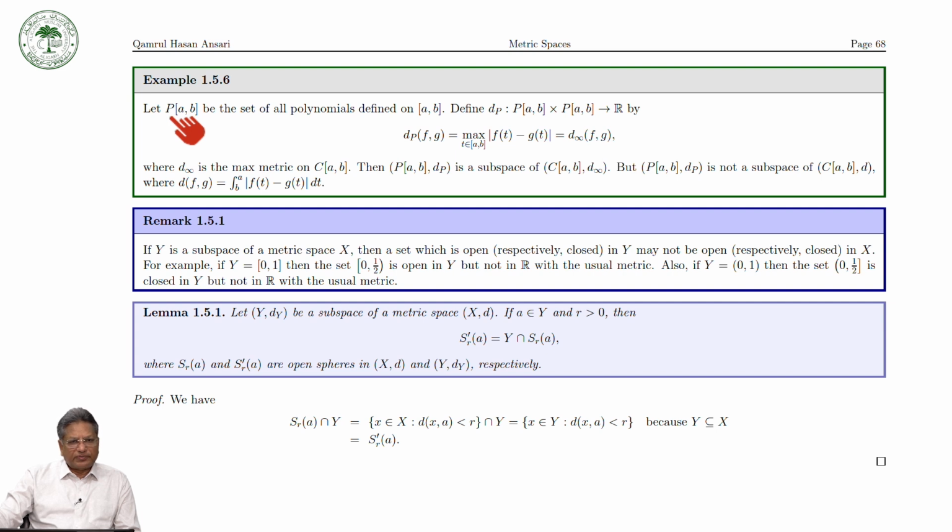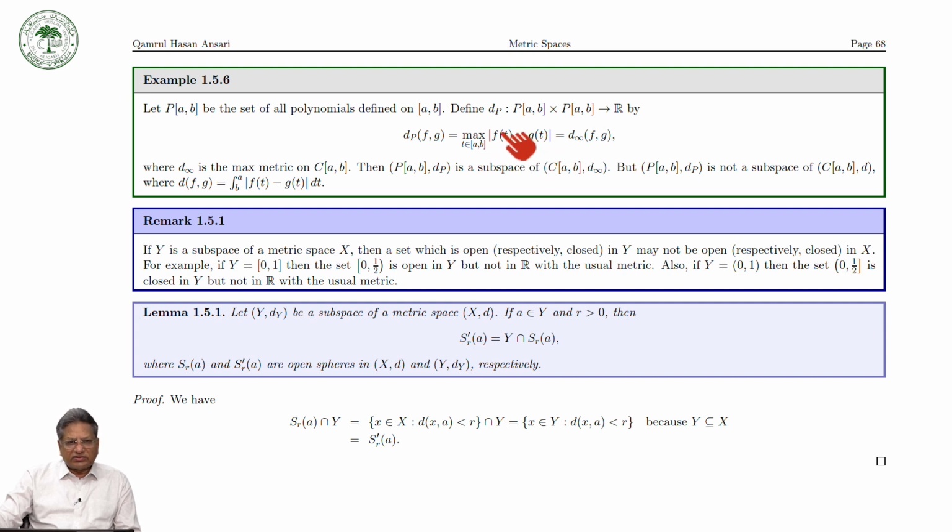Now I define d_p from P[a,b] cross P[a,b] to R by d_p(f, g) equal to the maximum of |f(t) minus g(t)|, where the maximum is taken over the closed interval [a, b].